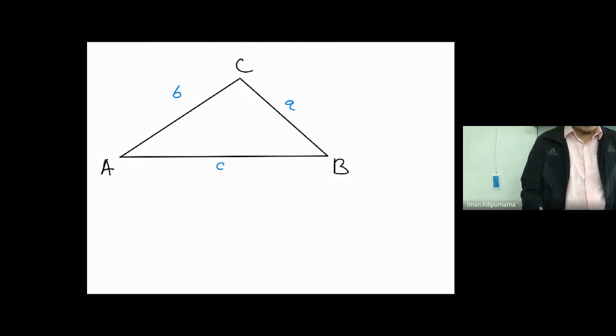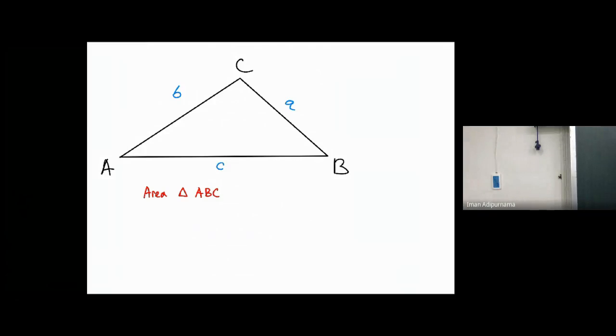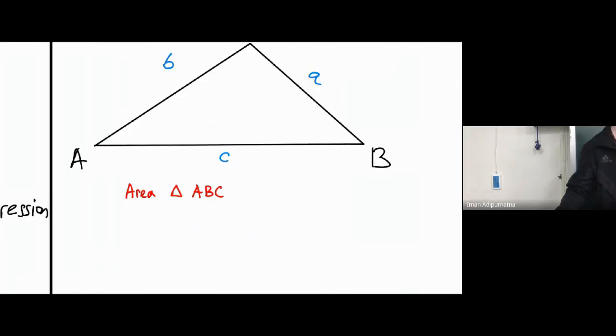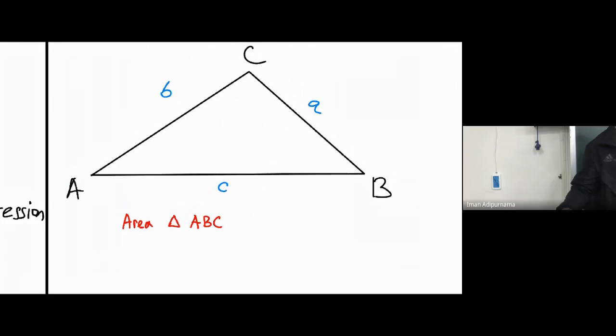If I want to look for the area of triangle ABC, anyone remember how to find it? Yeah, that's also correct. Another way, yes, using sine, right?